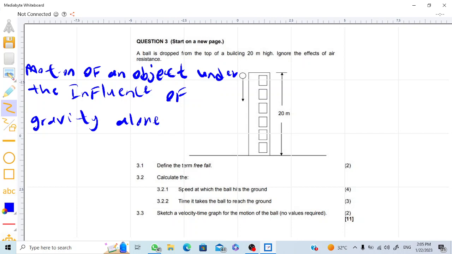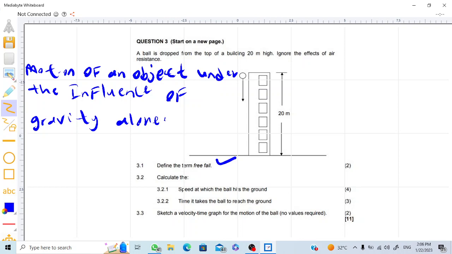Okay, so motion of an object under the influence of gravity alone, that is the definition of a free fall. Now calculate the speed at which the ball hits the ground. That is the second question we have.